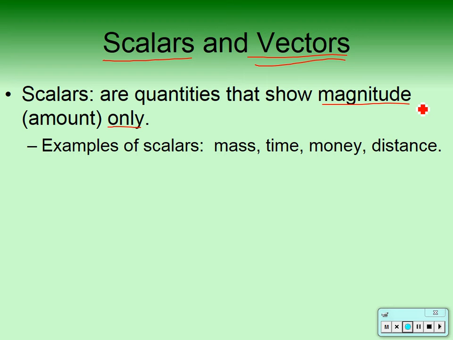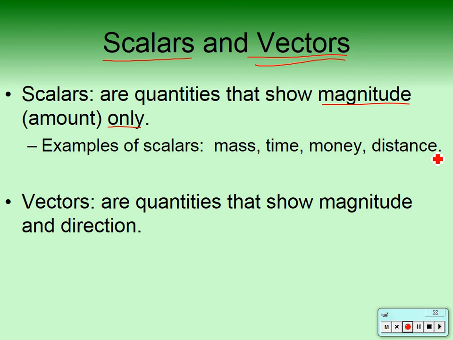Time, it's 10:50. Just a number. Money, they have $20. Just a number. And distance, it's 10 kilometers. Just a number. So those are scalar quantities.